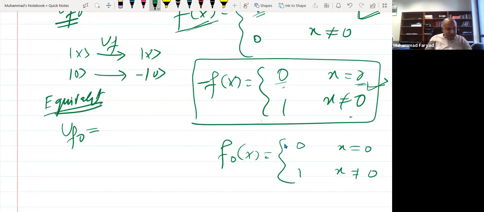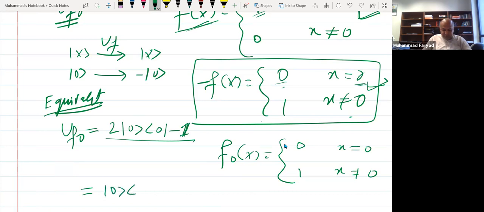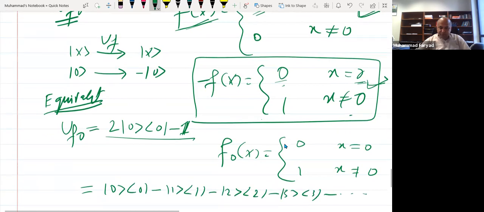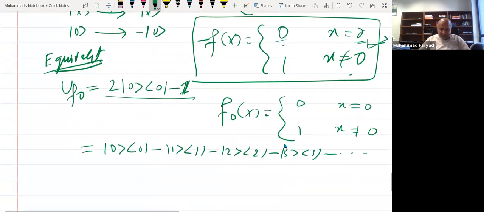So in this case, I can define this UF naught like 2 times |0><0| minus identity. Okay, and you can see this essentially maps |0> to |0>, |1> to minus |1>, |2> to minus |2>, |3> to minus |3>, and so on, because this UF naught will give a minus sign to each of the inputs except 0.